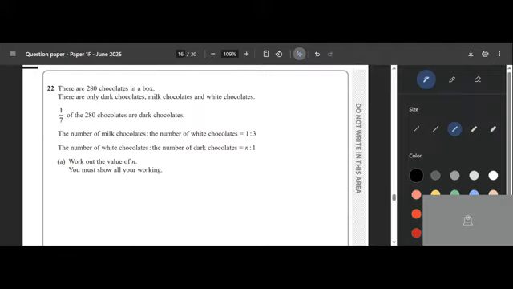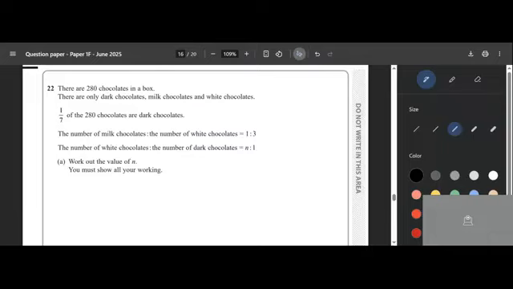Then now we can look at another one. On the next question, 22, we are told that there are 280 chocolates in a box.